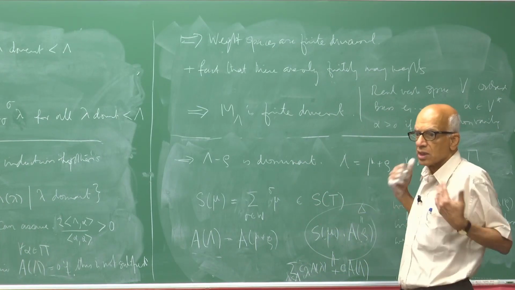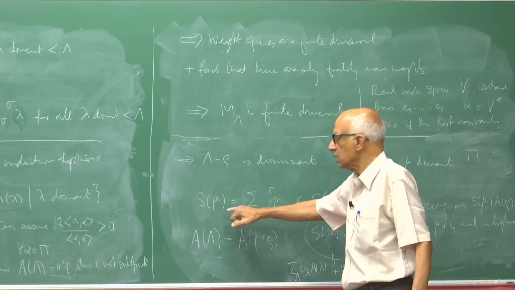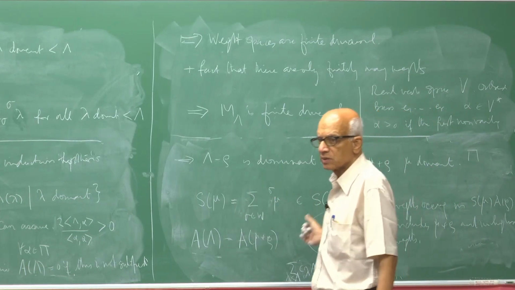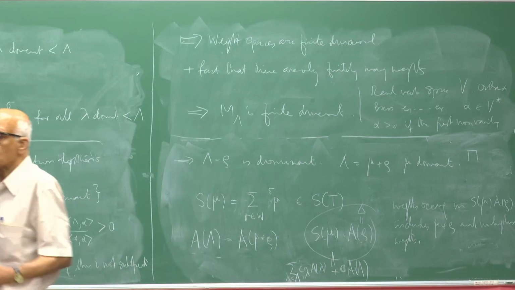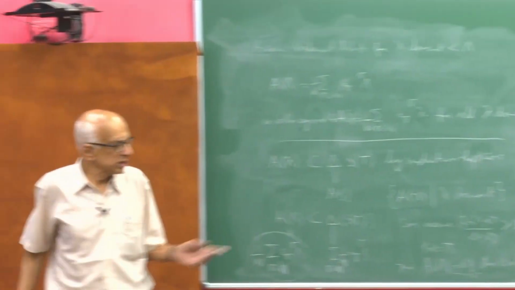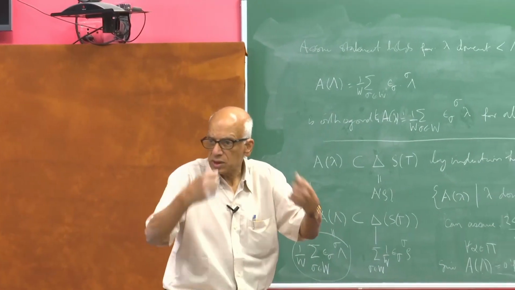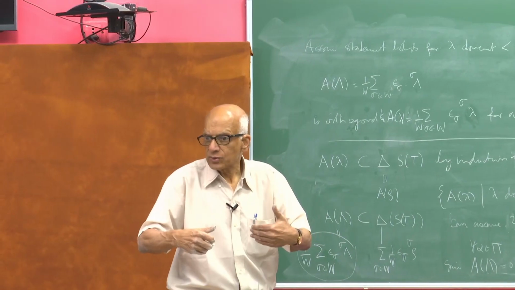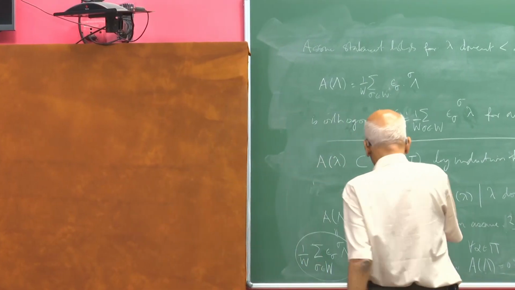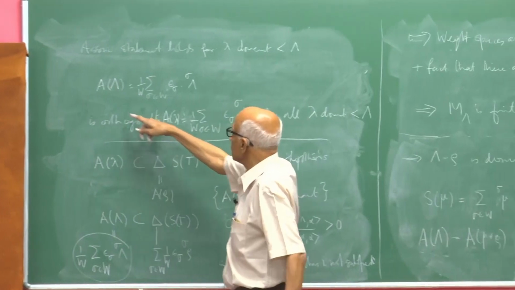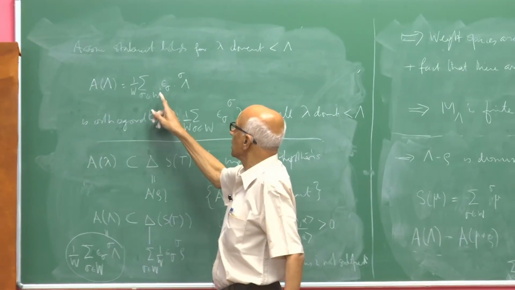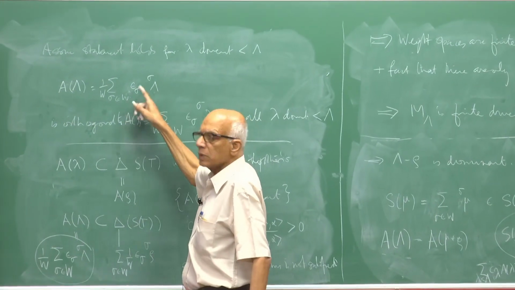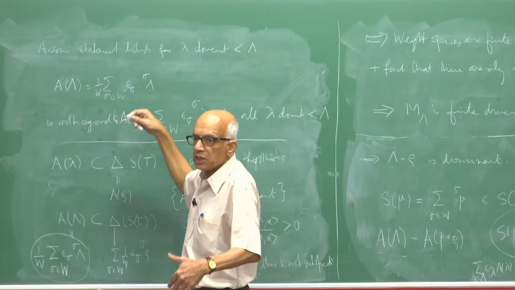So it proves this element is in the image of the symmetric. So the mapping is surjective, because the averaging process is a surjection on the alternating forms. If you start with a thing which is already alternating and apply this, epsilon sigma lambda becomes sigma lambda, which is already epsilon sigma lambda.